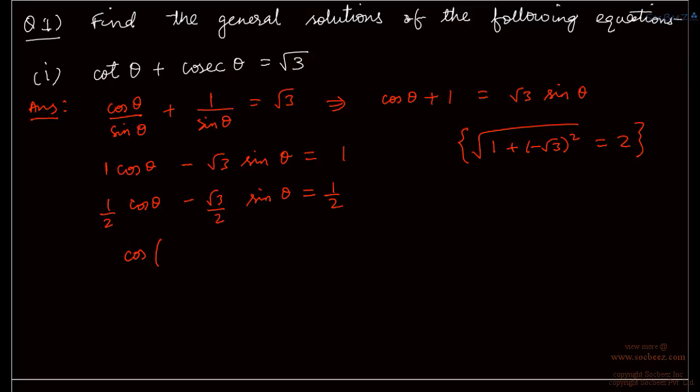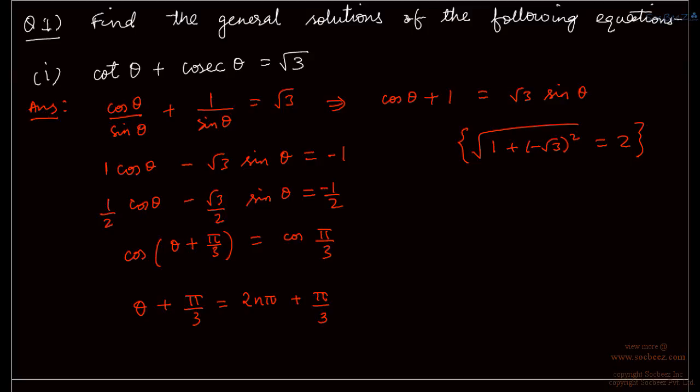So we have cos of theta plus pi by 3, and cos 1 by 2 we know that is cos of pi by 3, right? So writing them in general form, we get that theta plus pi by 3 is equal to 2 n pi plus pi by 3. Really sorry, it should have been minus here.